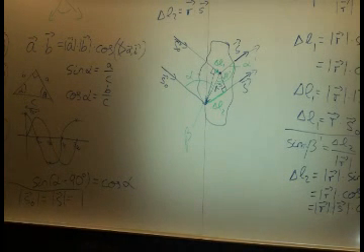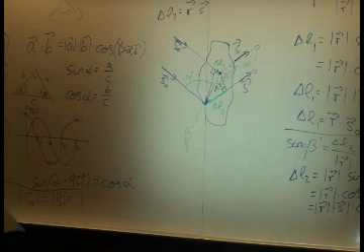That looks a lot better than all of that stuff we had on the board, doesn't it? Got our delta L1, got our delta L2. If you look at that drawing, what would be the total path difference?